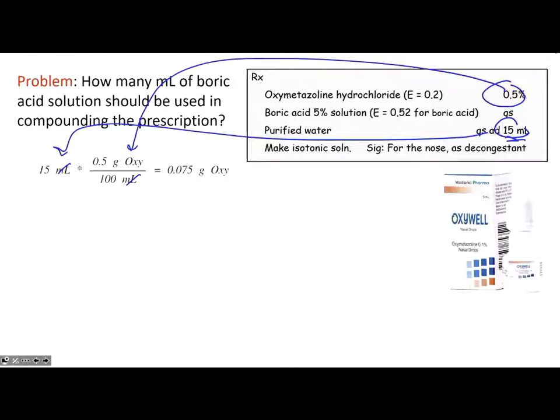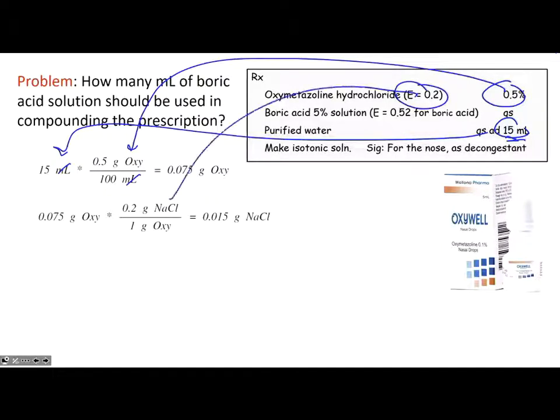Easy breezy. That is the weight of oxymetazolone I have to use. Okay, I'm going to use that. How much sodium chloride does that weight of oxymetazolone mimic? How much sodium chloride is that the same as if we had used sodium chloride? So let's convert it from the weight of oxymetazolone to an equivalent weight of sodium chloride. That's where this E value comes in.